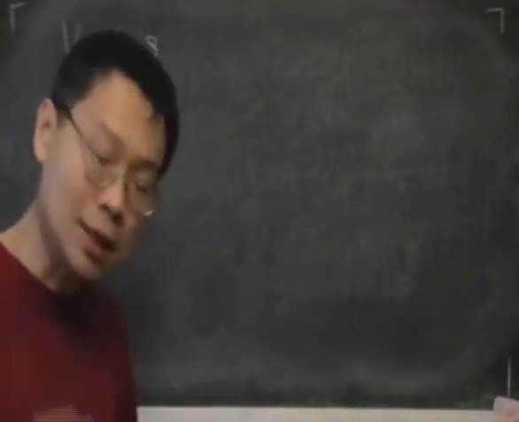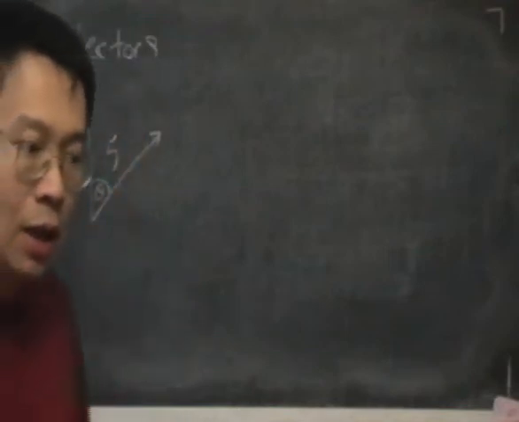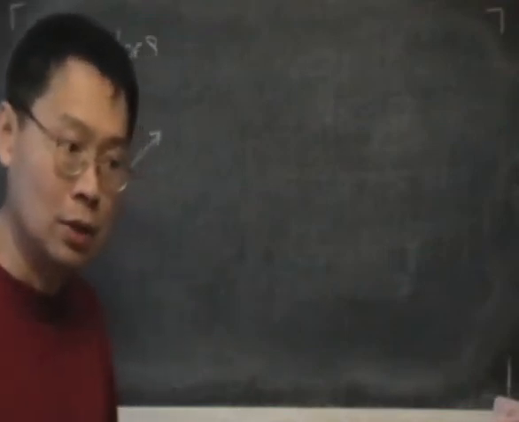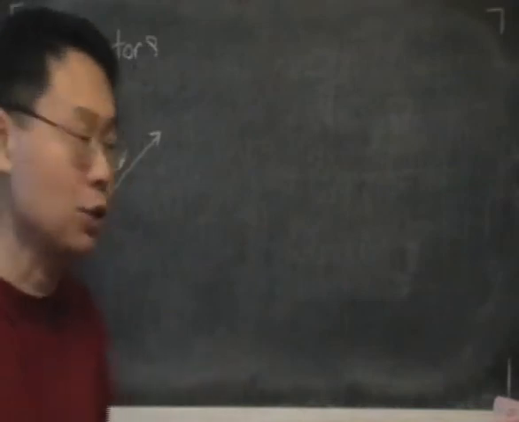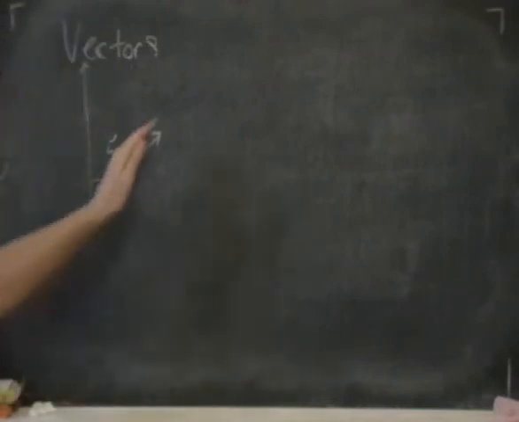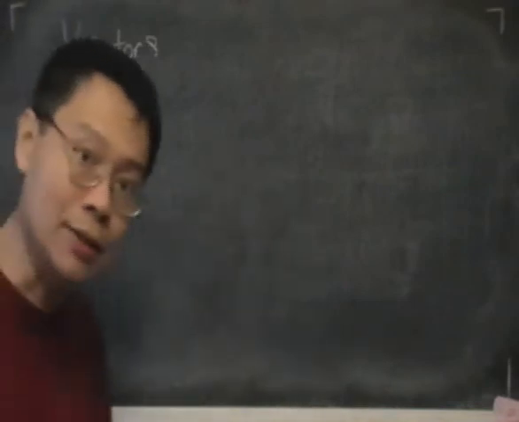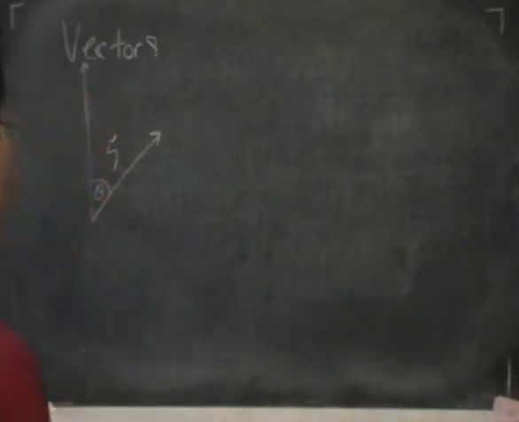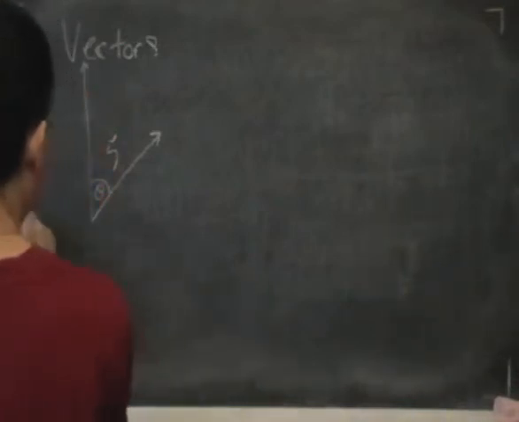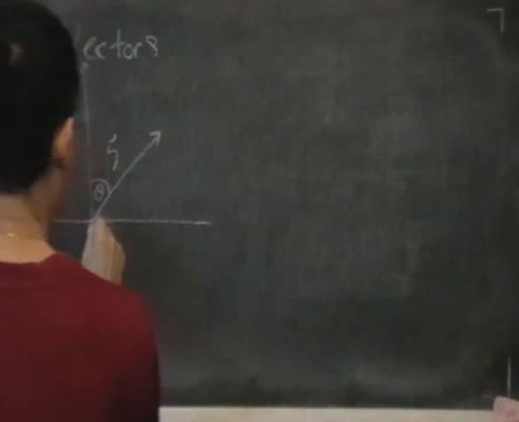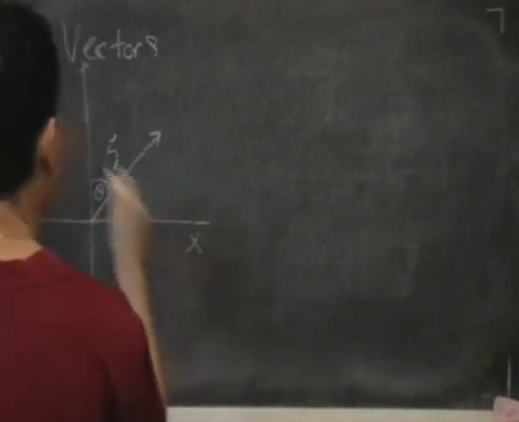Now in this session we are going to look at another way of describing this same information about the direction and the angle. And the way to do that is to think of a graph with an x and a y-axis.